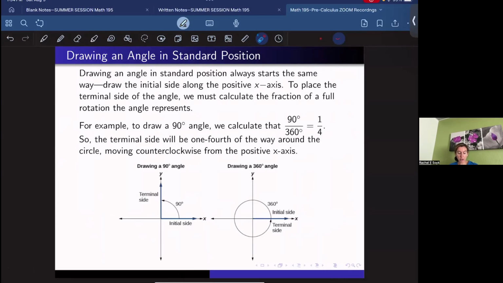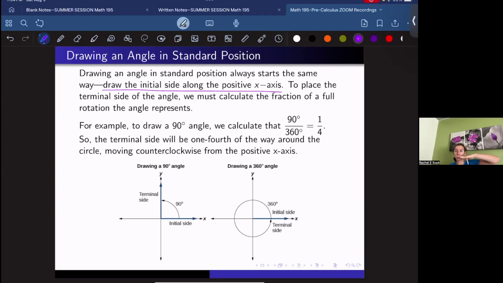And so now, drawing an angle in standard position, you just have to check off those requirements that we stated a few seconds ago. Okay, the first one being draw the initial side along the positive x-axis. And then you place your terminal side anywhere based off of what angle you want to draw.